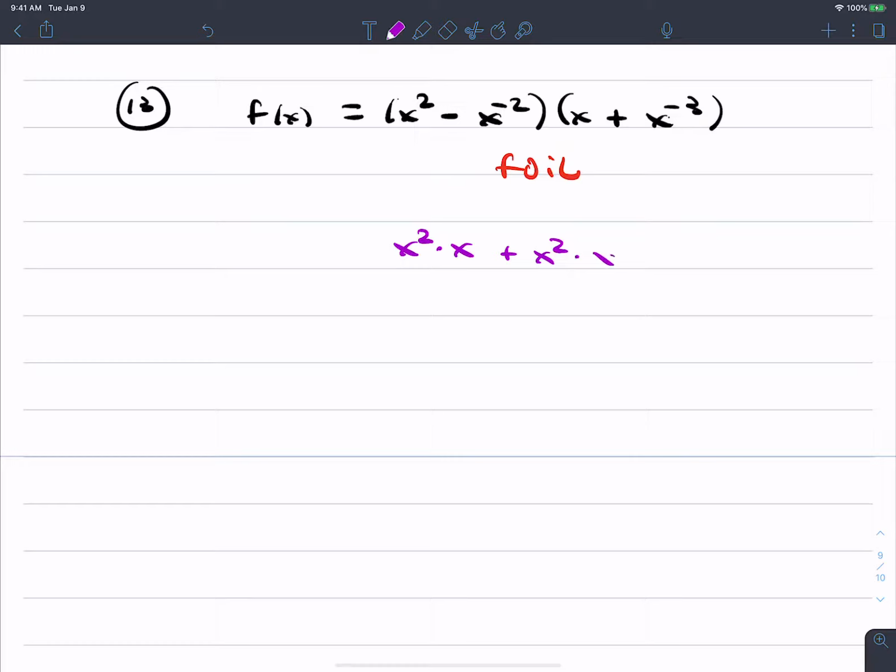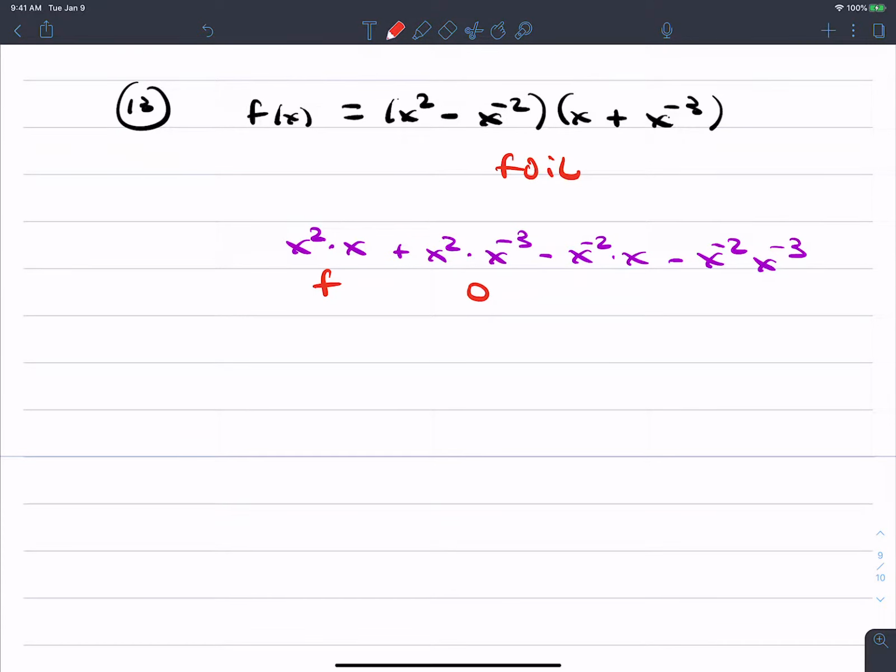X squared times x to the minus 3, inner. Minus x to the minus 2 times x. And last terms. So double check. I wish you guys can double check. I wish you were here. Last terms. Minus x to the minus 2 times x to the minus 3. So double check we did FOIL. I'm sure I'll hear about it from you guys.